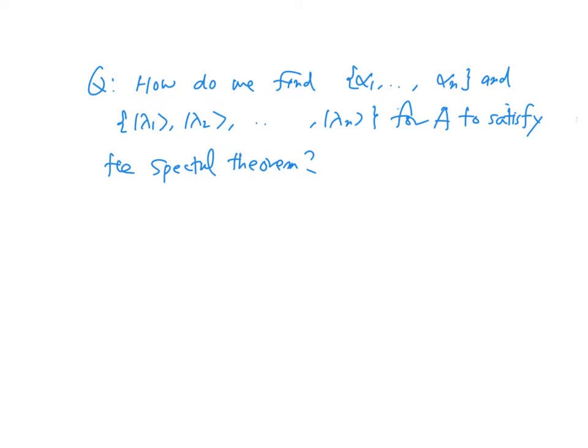But if you apply the spectral theorem, you can calculate it in maybe 2 seconds. So the spectral theorem is a very powerful tool, but we still have the question: how do we find those set of real numbers and those orthonormal vectors?